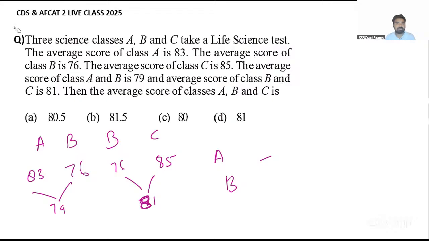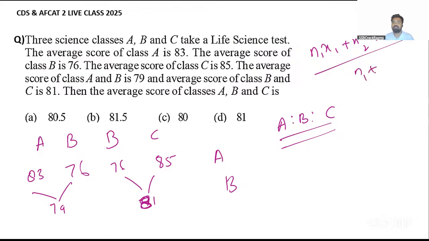Let me do it differently. Basically, I want to find the ratio A, B, C so that I can apply the formula n1 x1 plus n2 x2, and you can extend it with n3 x3, so on, divided by n1 plus n2 plus n3. For that purpose, I need n1, n2, and n3. So how will I get to that point? That is the problem.